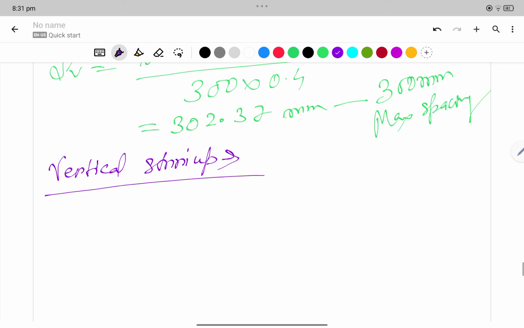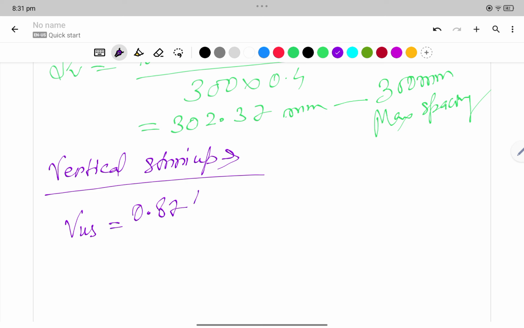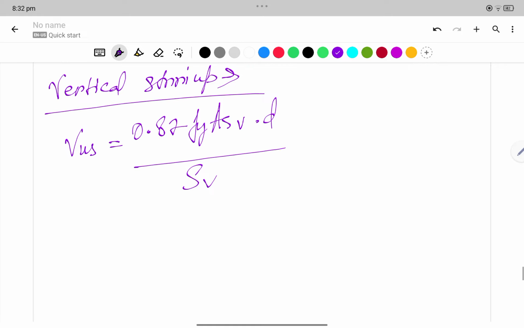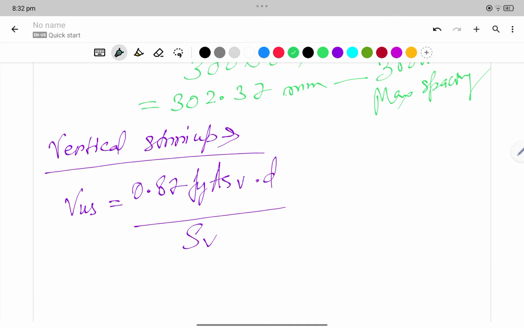The vertical stirrup can be calculated by the formula Vus is equal to 0.87 fy Asv into d divided by sv, where Vus is equal to Vu minus tau c b d.